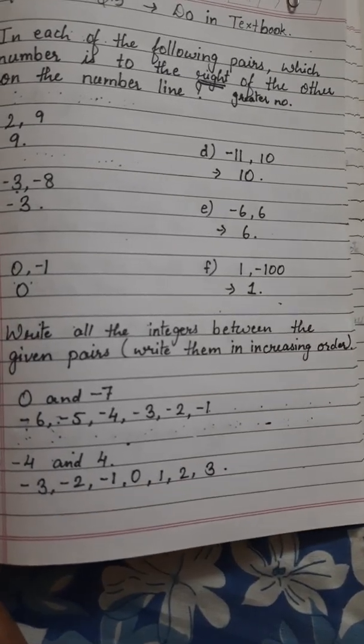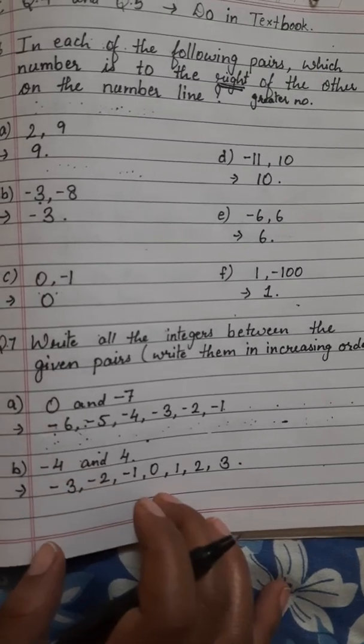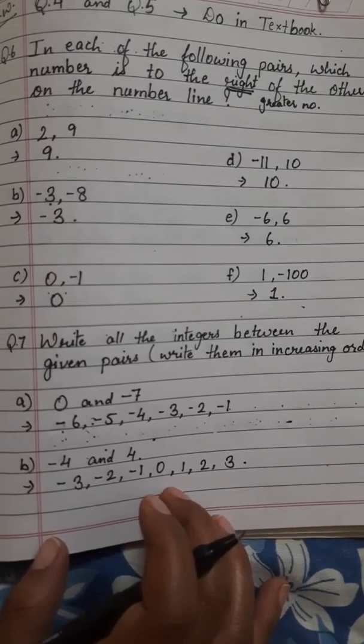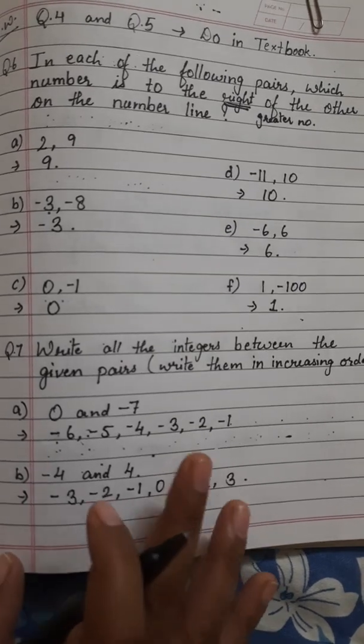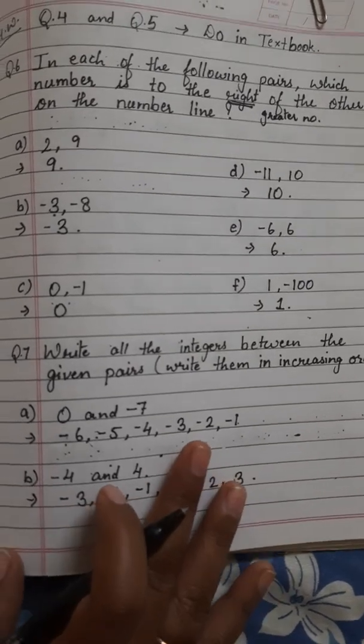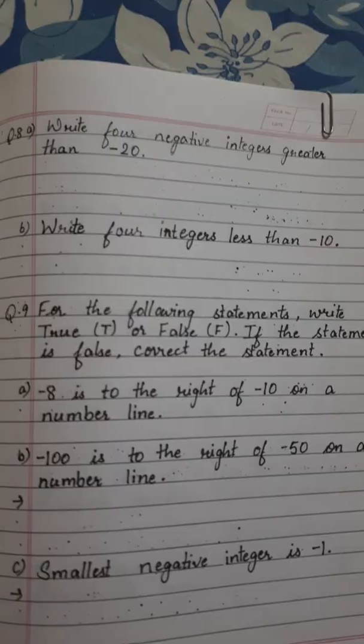So these are the between numbers and in the increasing order. 2 I have done for you. The rest 2 are also there that you will do on your own. It is very easy, you can do it on your own as your homework.